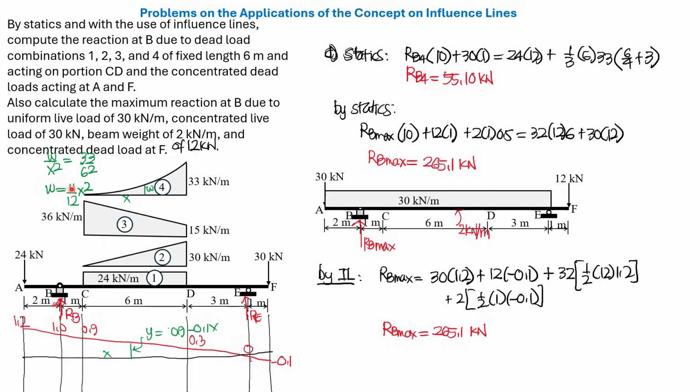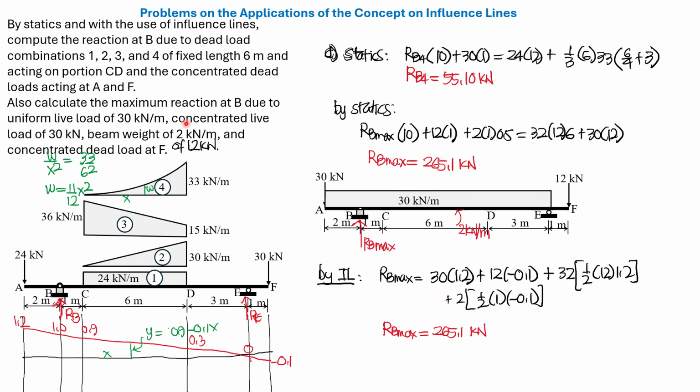So w is 11 over 12 x squared. So plus integral from 0 to 6 of 11 over 12 x squared, times y, which is 0.9 minus 0.1x, dx. Using your high-tech calculator, RB4 is still equal to 55.10 kilonewtons.